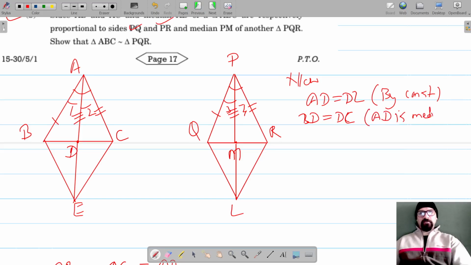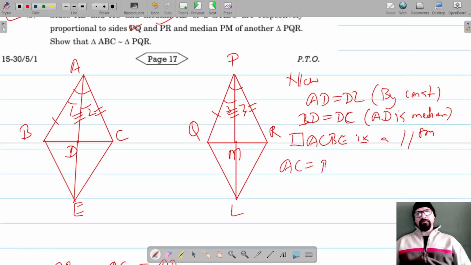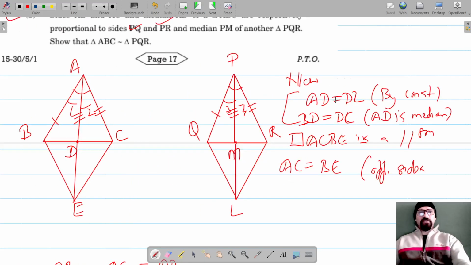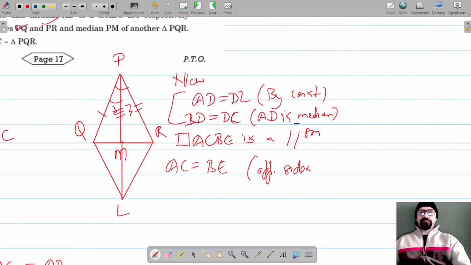So these are the diagonals of the quadrilateral ACEB, and they bisect each other.